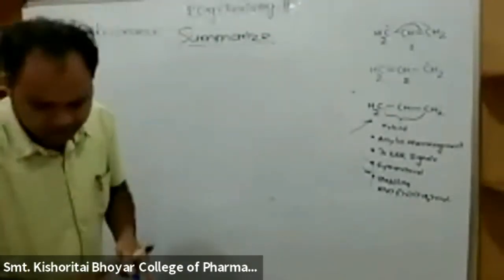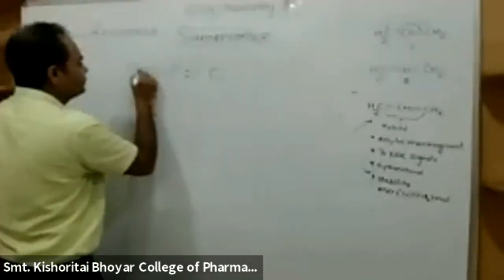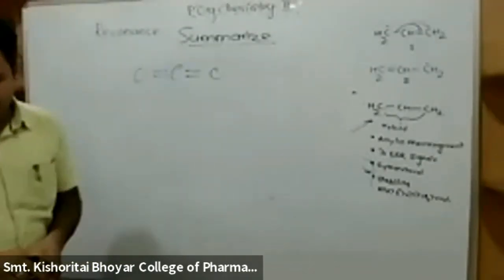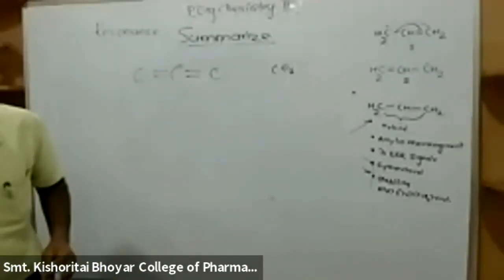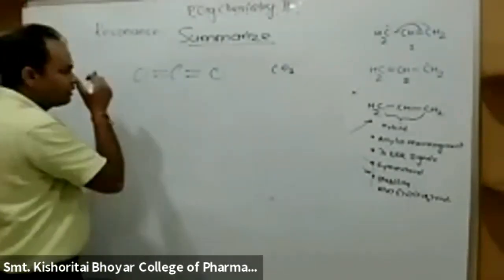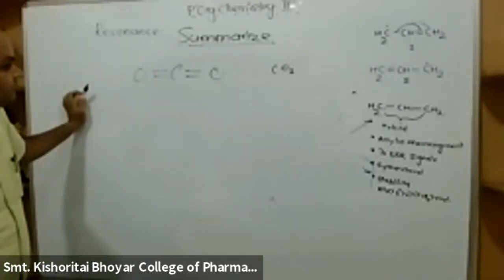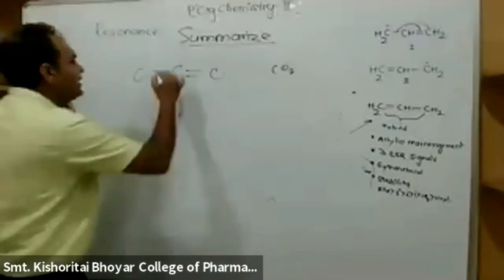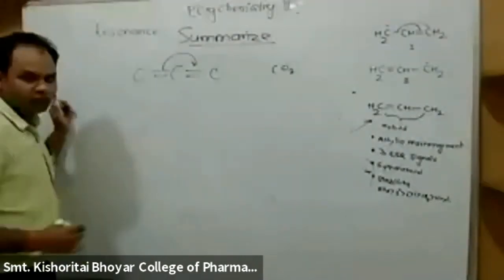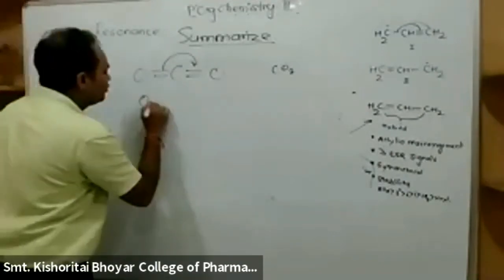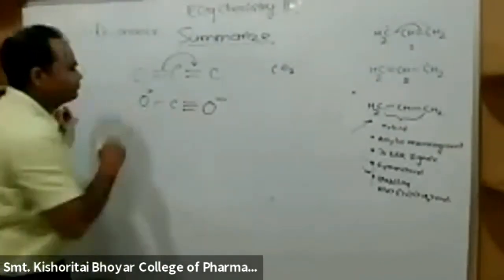Another example: C double bond O, C double bond O. This is CO2. You can write different structures of CO2. How? It's simple. If this pi bond shifts here, what happens? You will get O, C triple bond O, with O minus and O positive.